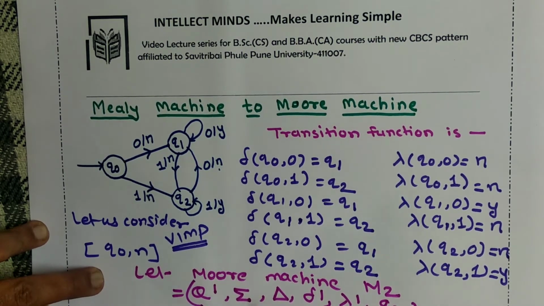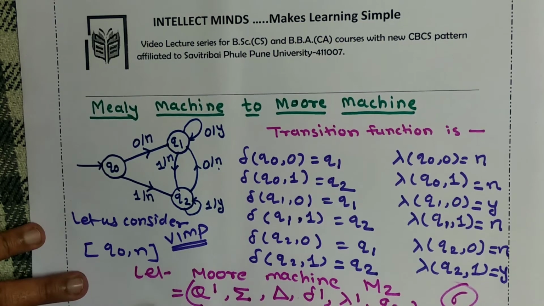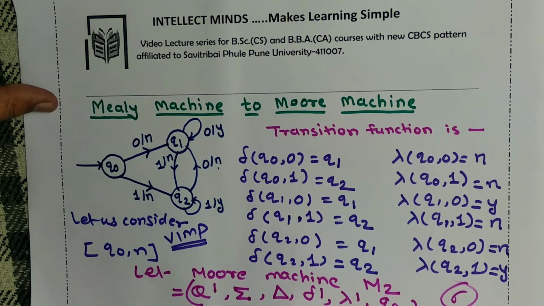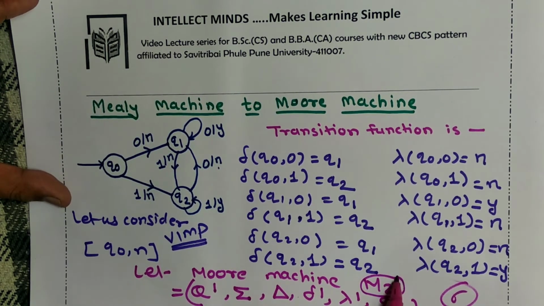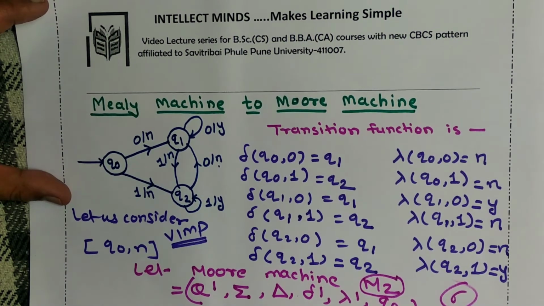These are the tuples. How many tuples? 1, 2, 3, 4, 5, 6 tuples should be there while mentioning the Moore machine tuples. Now next, write down the transition function for this M2.